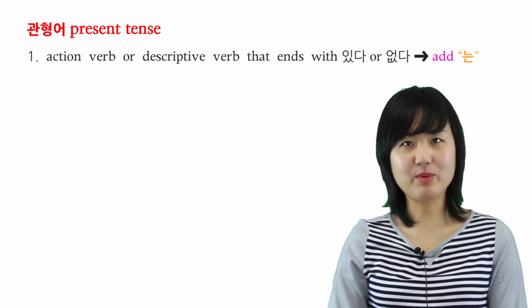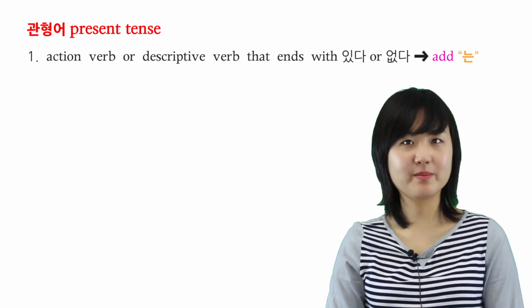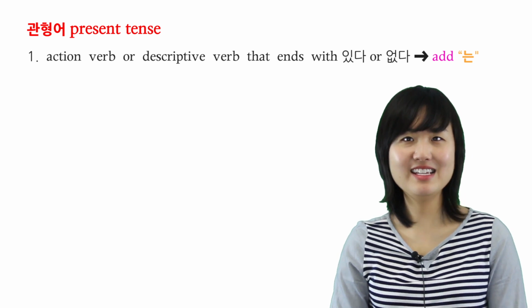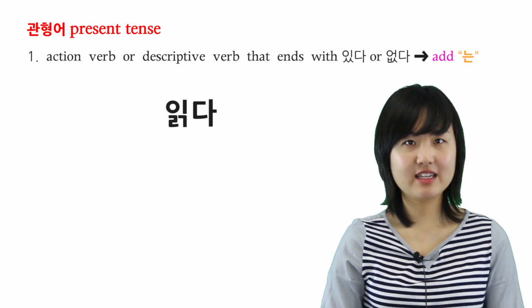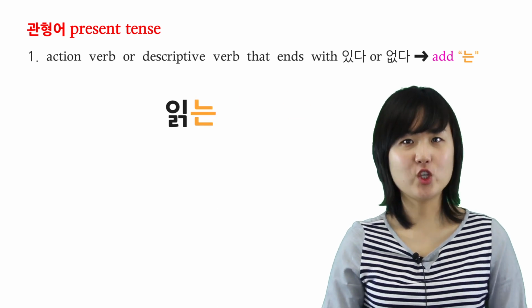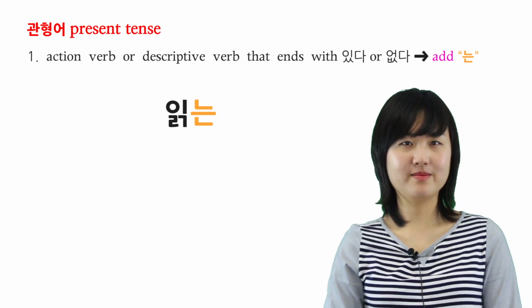Look at another example with an action verb. What is the verb to read in Korean? Yes, it is 읽다. The verb stem of it is 읽, and 는 should be added to it. It becomes 읽는.